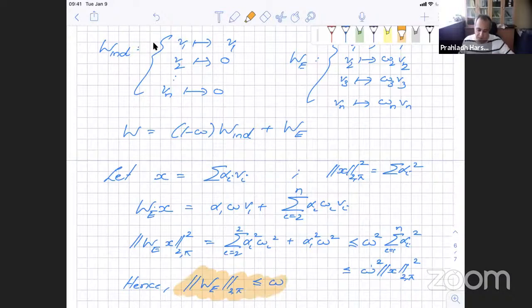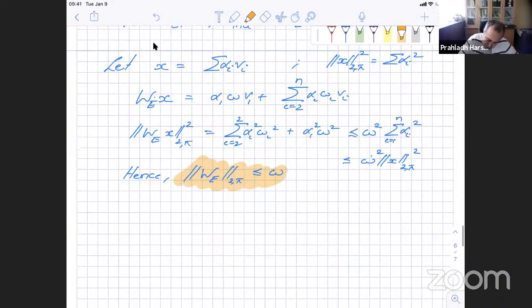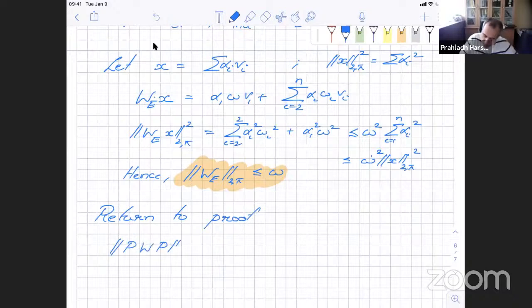So now let's return to the proof. We needed to bound PWP. But PWP, we wrote it as P of 1 minus omega W ind plus WE P 2 pi.